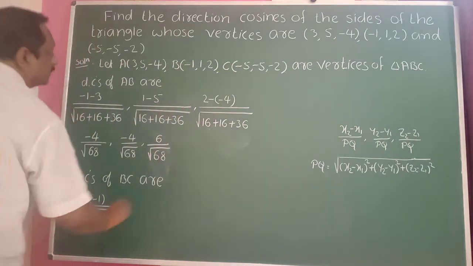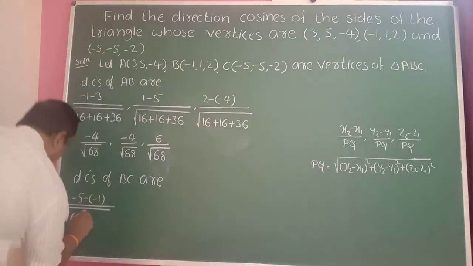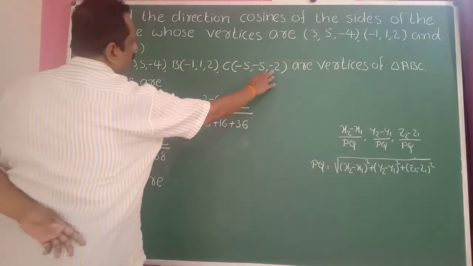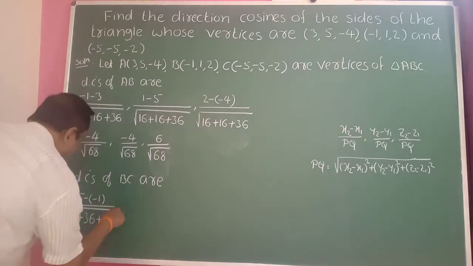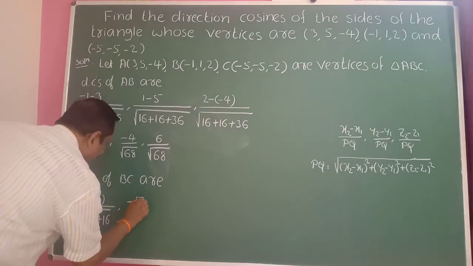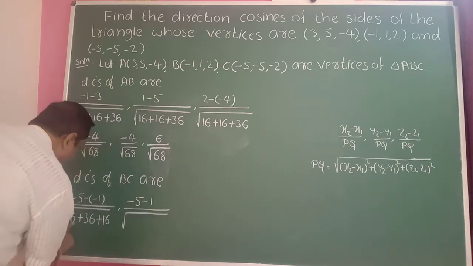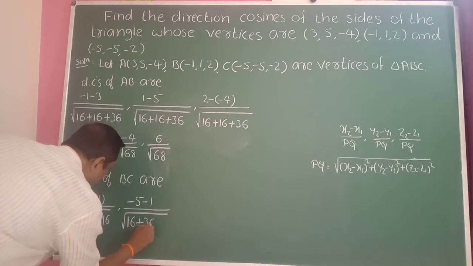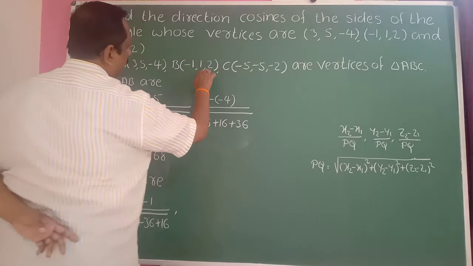Then (-5 minus 1) divided by the same root of 16 plus 36 plus 16, then -2.